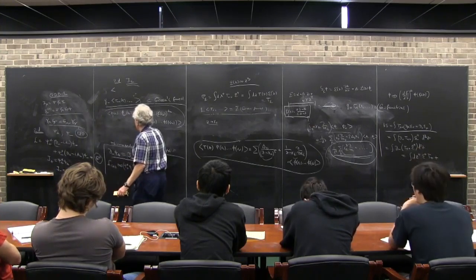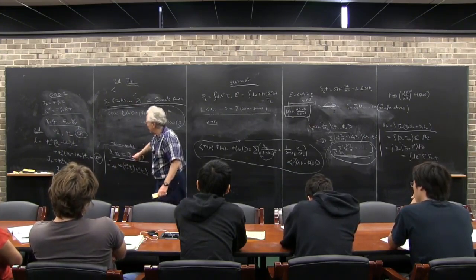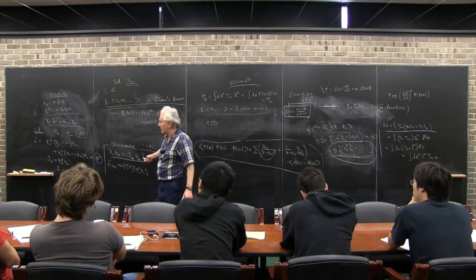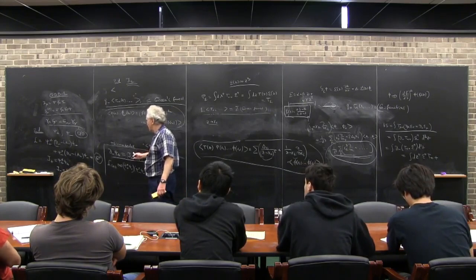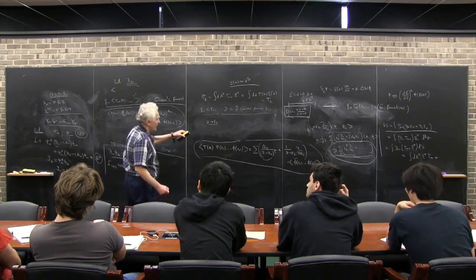Like here, for example, in the Thirring model, this is a classical equation, which, strictly speaking, will make sense only when you know the operator product expansion.